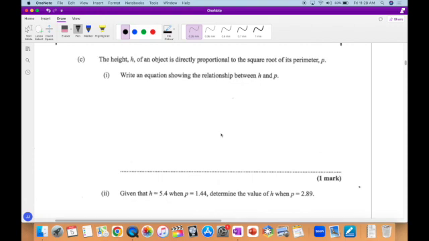The height h of an object is directly proportional to the square root of its perimeter. So the height h is directly proportional to the square root of the perimeter. Write an equation showing the relationship between h and p. So this is variation and proportion.